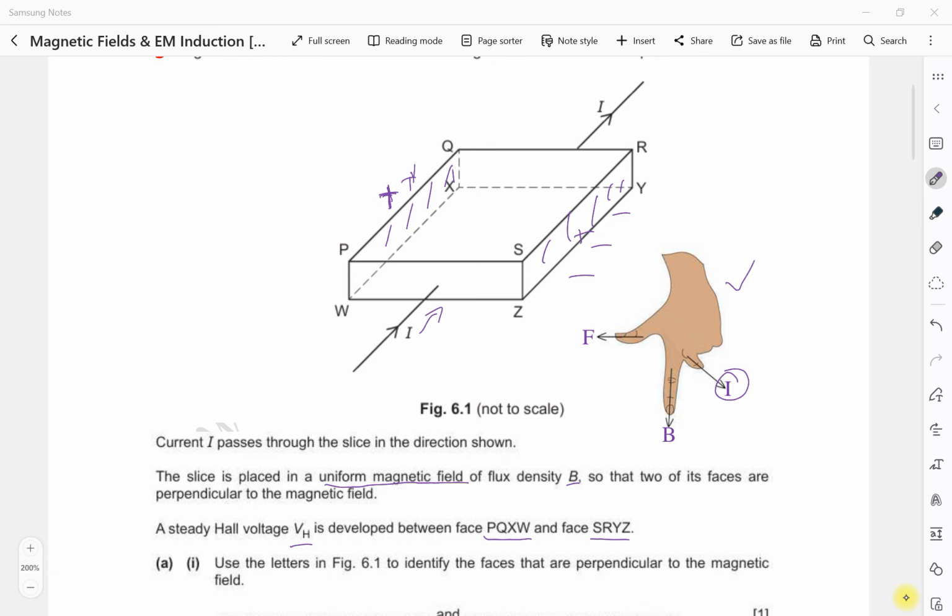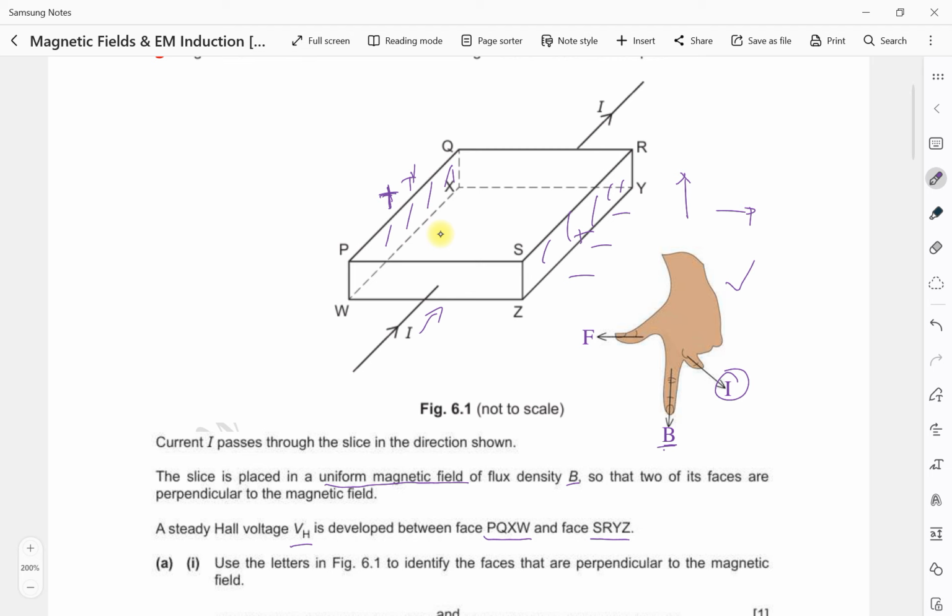If we were to reverse and say that, okay, maybe the magnetic force on the positive charge carriers is to the right hand side, still the first finger would now point upwards and the thumb would point to the left, for the current to be into the page.